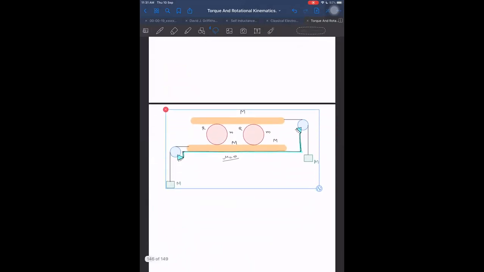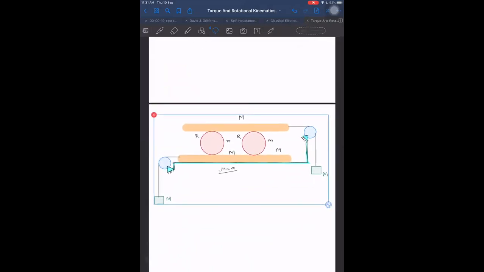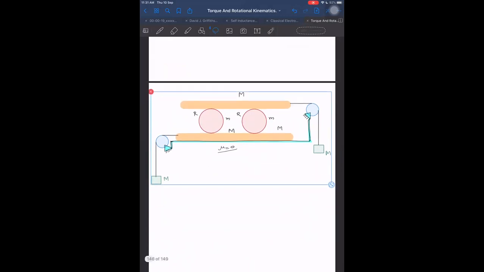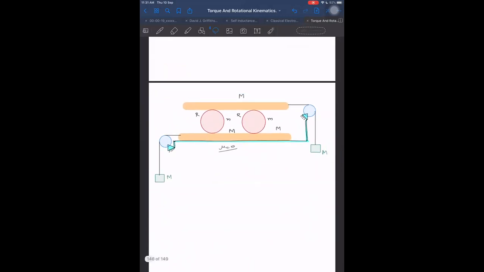Here I can attempt. So by symmetry, certain things are done directly. T, T, T, T. And because pulleys are frictionless, given already.